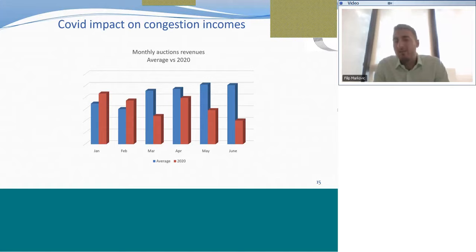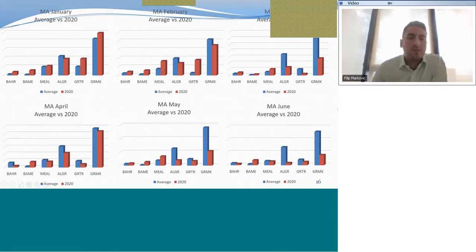But here you have to take into consideration that, for example, March is allocated in advance, in mid-February. Also, if we go to the next slide, where incomes are displayed border per border, we can see that the situation is not that simple, and that this general match with the start of the crisis does not reflect each border in the same way.